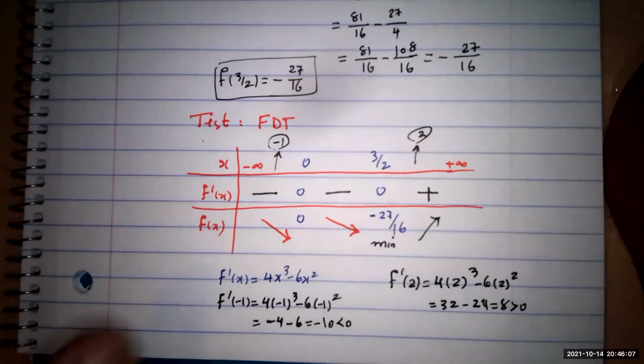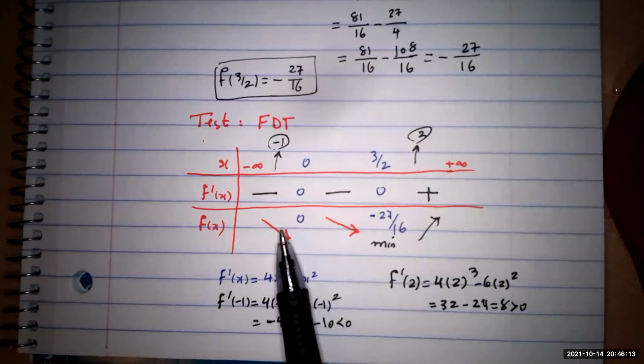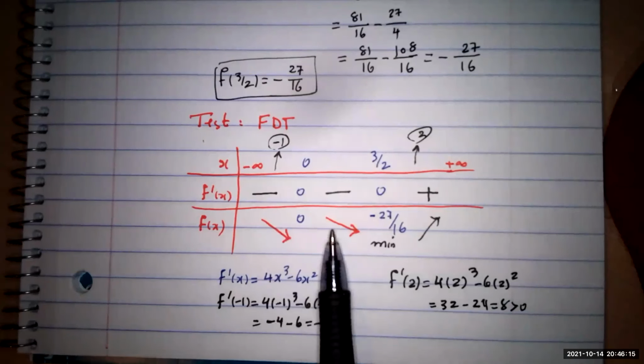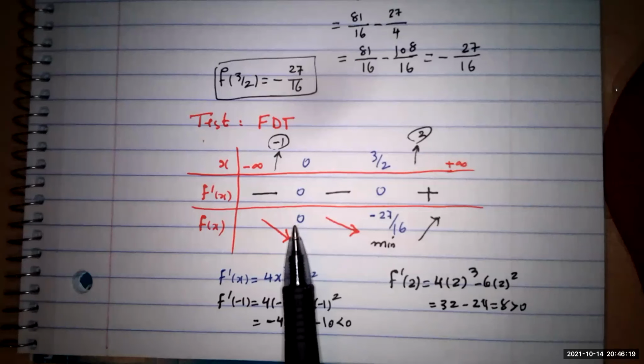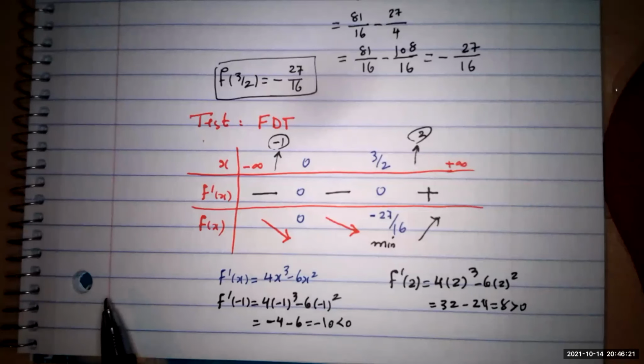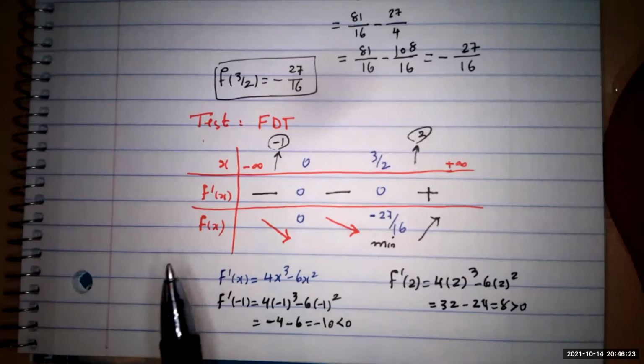Because this is the nature of this function, you get the decrease. See, around the 0, the function stays the same, it's decreasing. So since it's decreasing, this 0 cannot be a maximum or a minimum. In some calculus books, not in your book, they call it a stationary point.